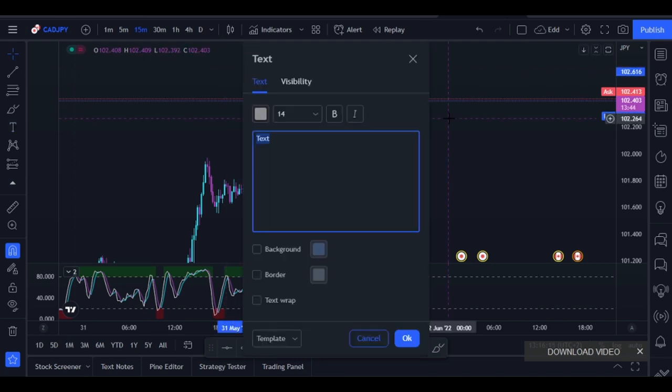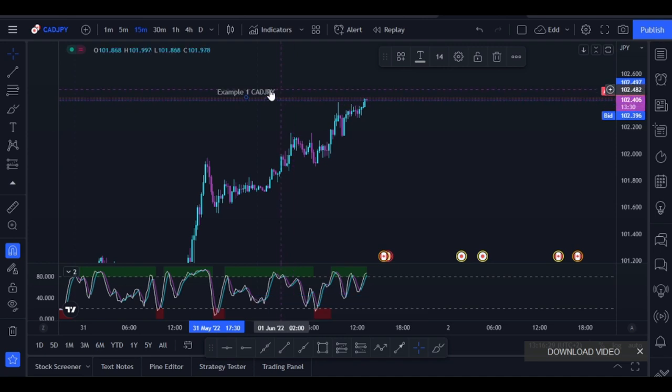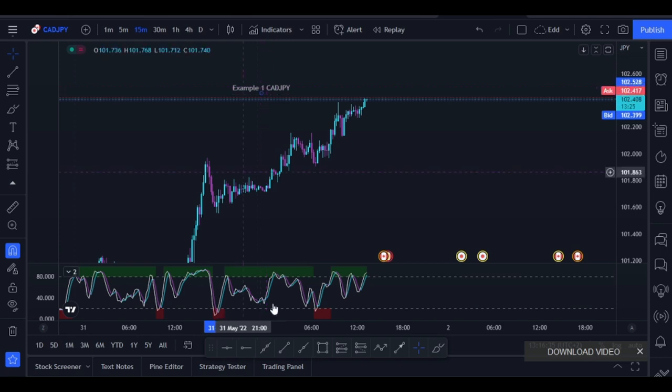Okay, example number 1, CADJPY. Now what we're going to look for, the first thing we're going to look for, is hidden divergence.